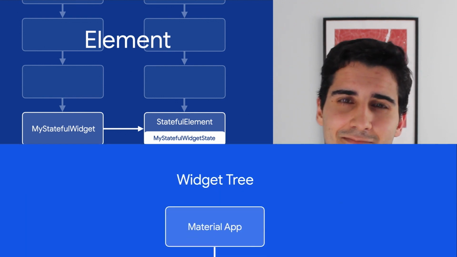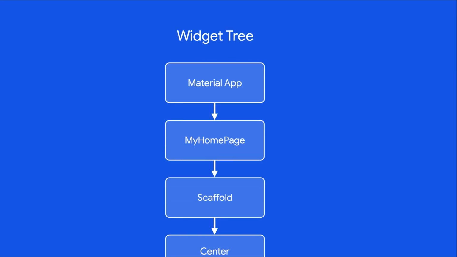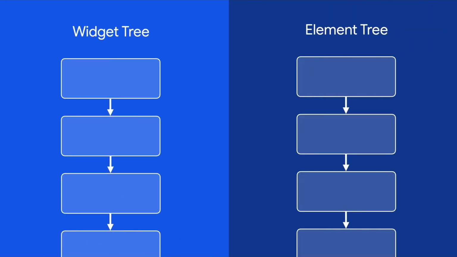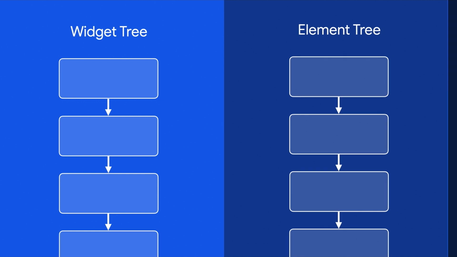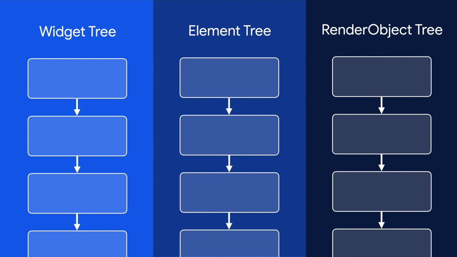Let's recap. We have widgets that contain the information of our UI and can be updated whenever they want. Elements that control the life cycle of these widgets. But we still don't know how to paint or position the content in our display. Well, this is the job of the RenderObjects. The RenderObject lays out, gives a size, and paints your content. As you can see, this is where all the heavy part happens. It is. These objects are really heavy.